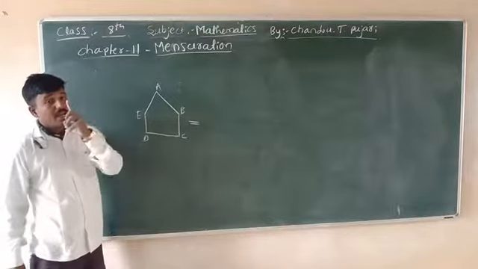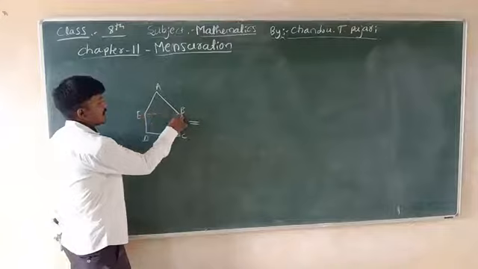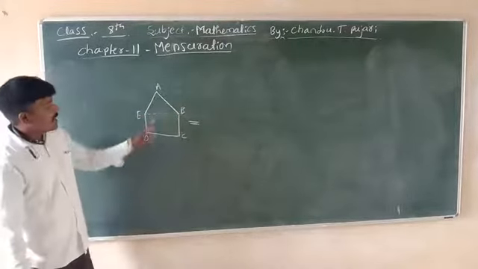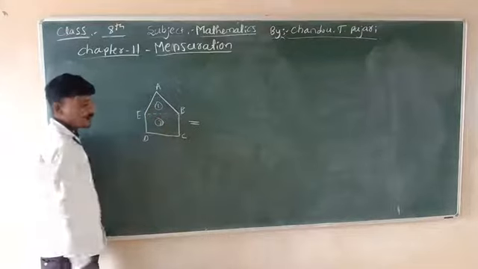You can draw one diagonal, and the diagonal is BE. In the given figure, two parts are here.